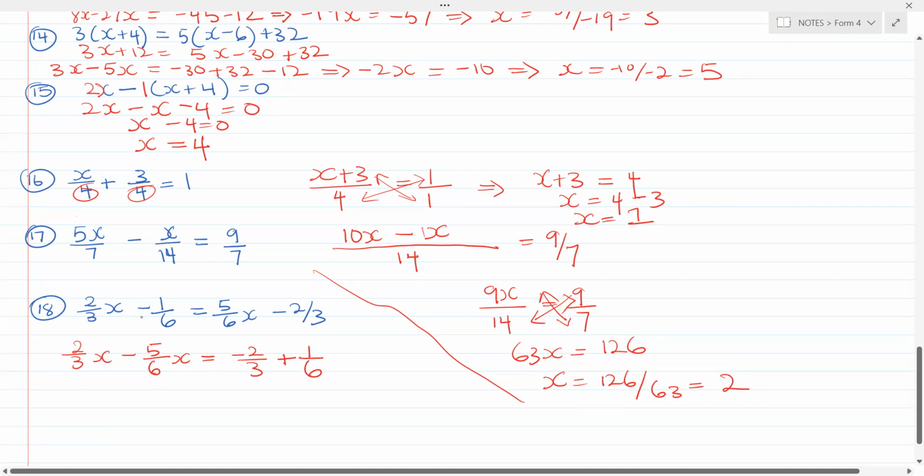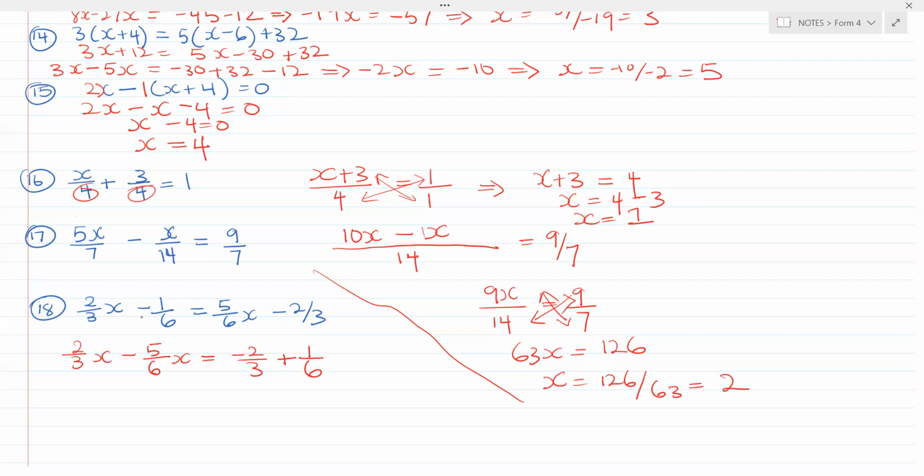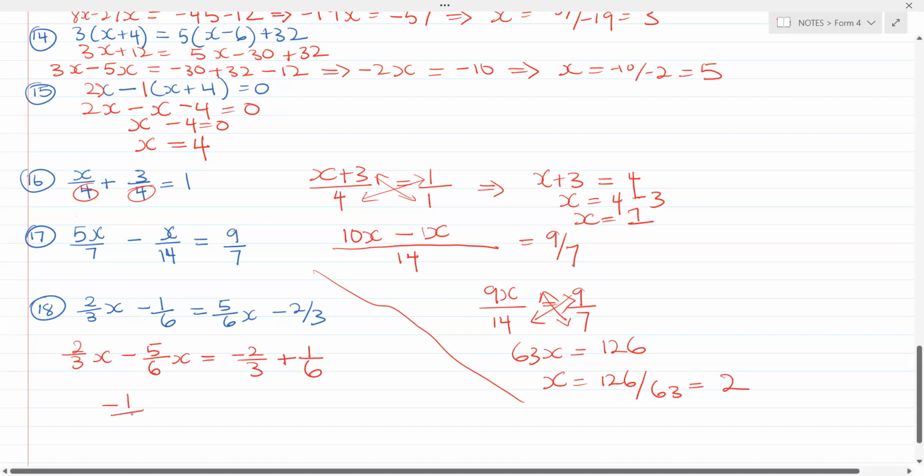So I can work that out. 2 thirds, I could go to my calculator, open brackets, 2 fraction sign 3 minus open brackets 5 fraction sign 6, and I'll get negative 1/6 in my calculator. Don't forget to put back your x.